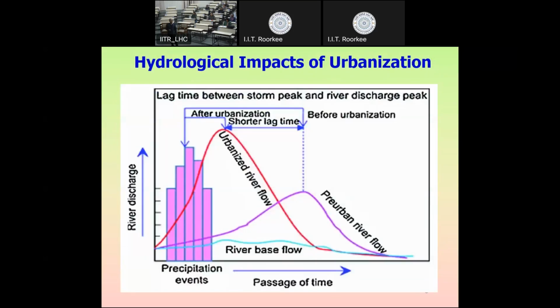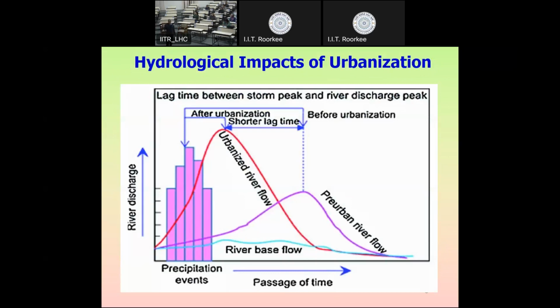So here we have hydrological impact of urbanization in terms of river flow, its peak as well as other measures. The purple color here shows the river flow in the pre-urban conditions before the development of areas.